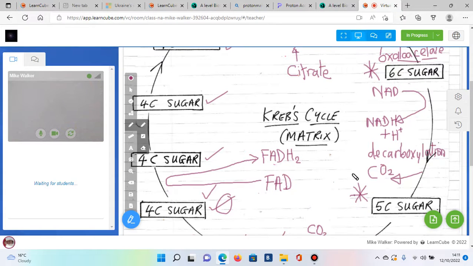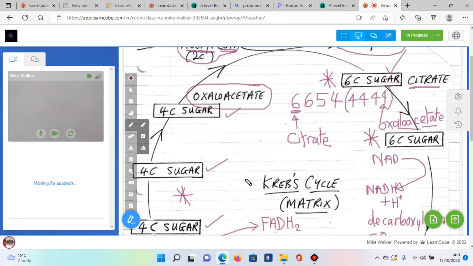Slightly different to NAD, the production of FADH2 will only produce on average 1.5 ATP molecules during oxidative phosphorylation. Then let's have a little gap, and finally we're almost there, back to oxaloacetate again.